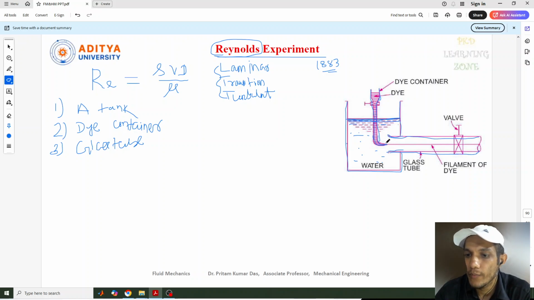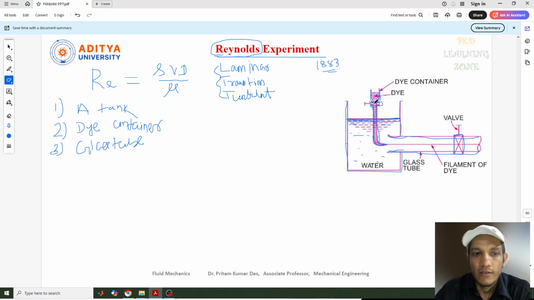Along with that, we need two valves. This is one valve, which is attached to the glass tube, and one more valve is on the dye container. The dye needs to be present in this container.